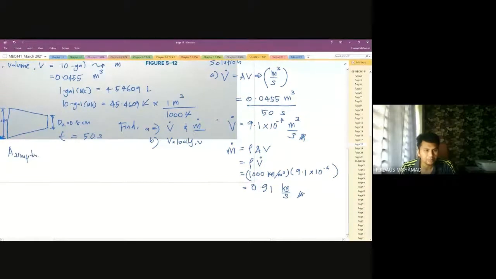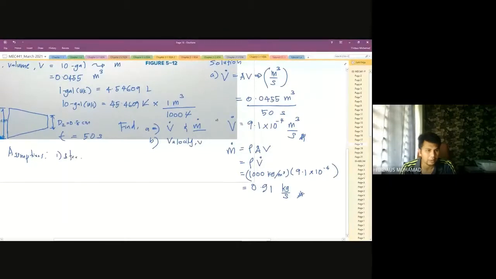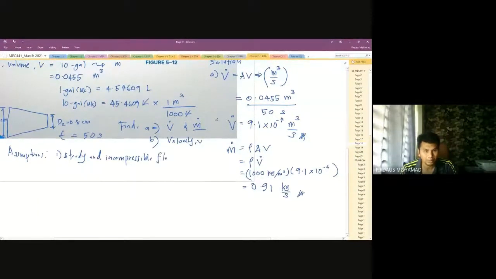Assumption nombor satu, steady and incompressible flow. Okay, so maknanya steady and incompressible. Apa yang kita belajar tadi steady and incompressible dekat conservation of mass tadi?